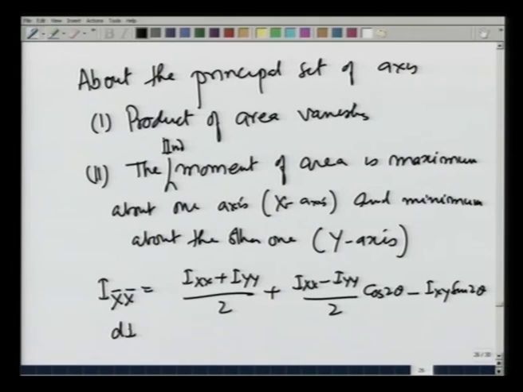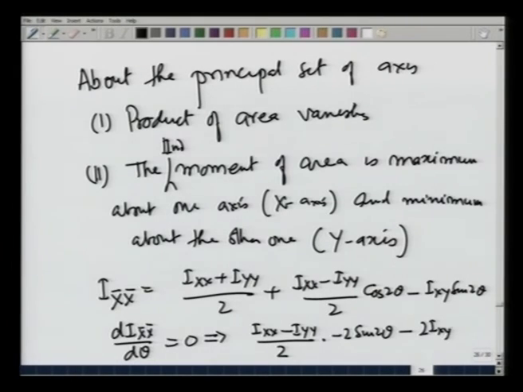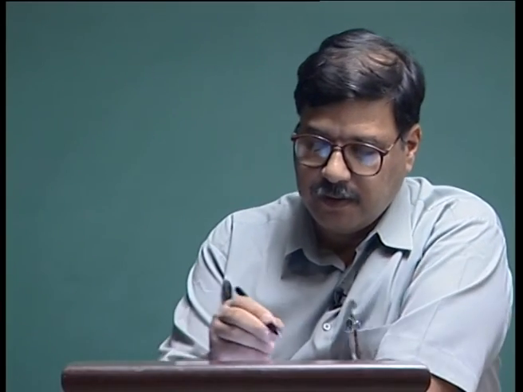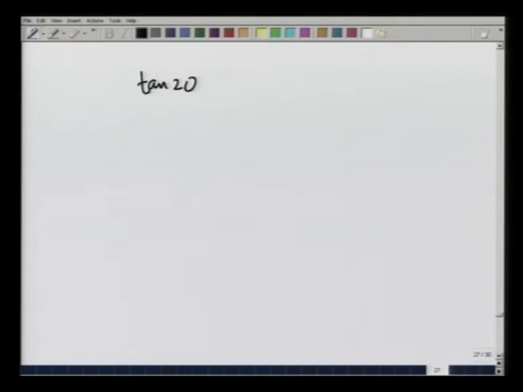So, for that I have to set d I x bar over d theta equal to 0, and when I do that, this implies that I x x minus I y y divided by 2 times minus 2 sine 2 theta minus 2 I x y cosine 2 theta is equal to 0, and that immediately gives me that tangent of 2 theta is equal to I x y times 2 divided by I y y minus I x x.